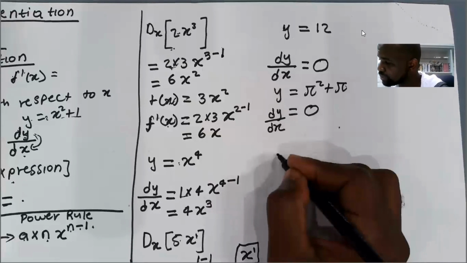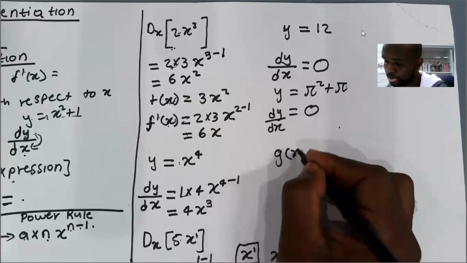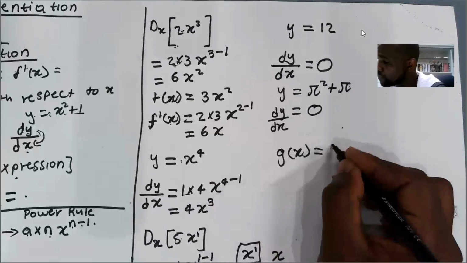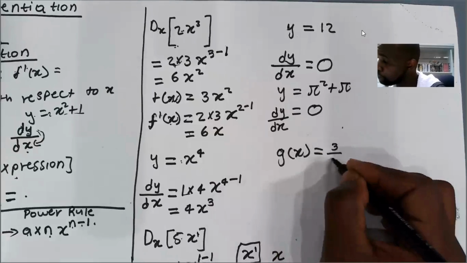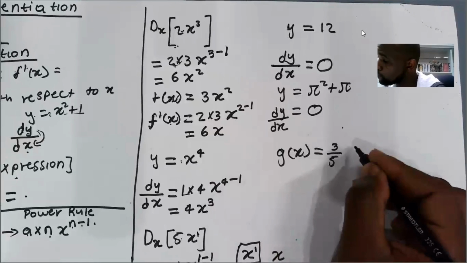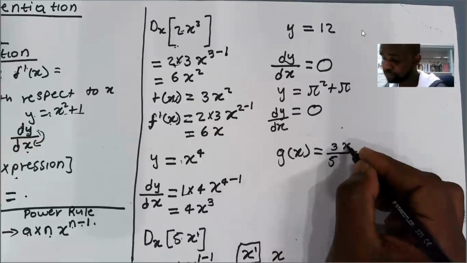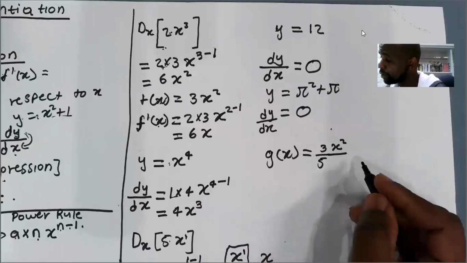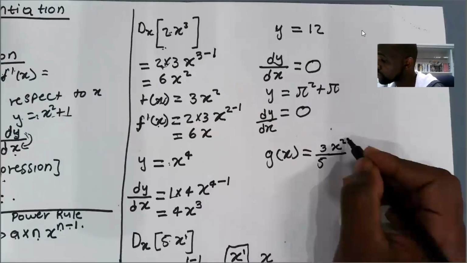And then one, let me just do this one. g of x, which is 3 over 5 x squared. That's 5 here, it's not squared.